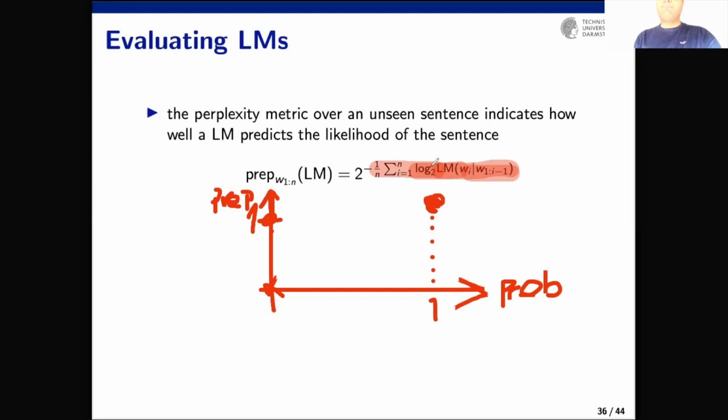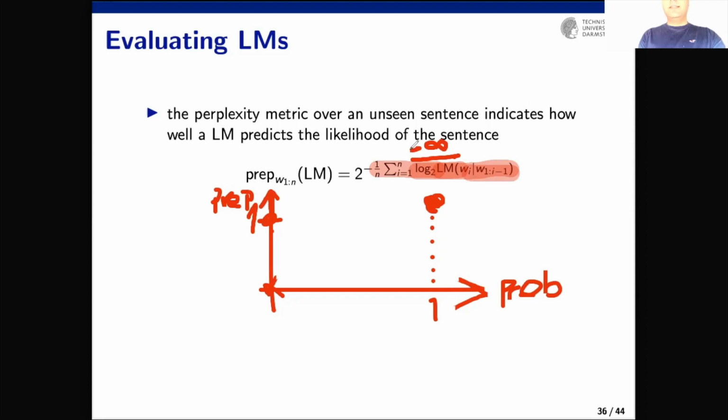And let's say when the probability is 0, so when the language model returns 0, then the log is minus infinity.